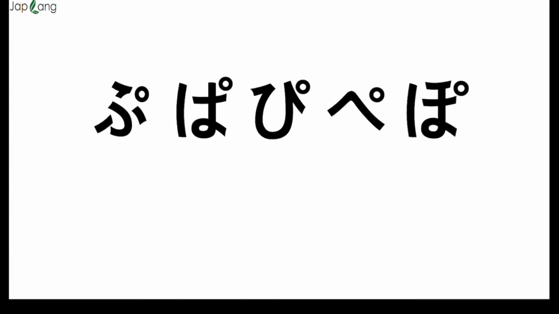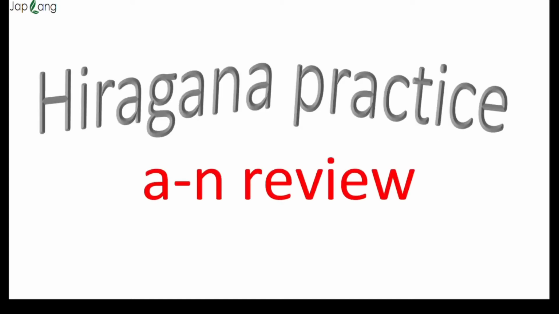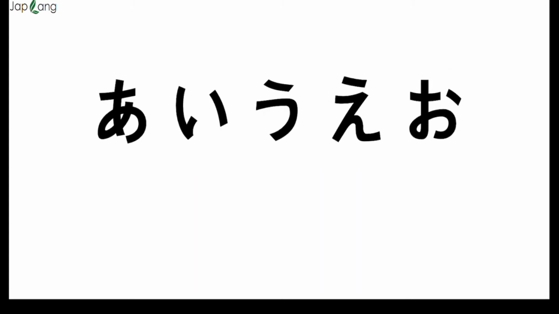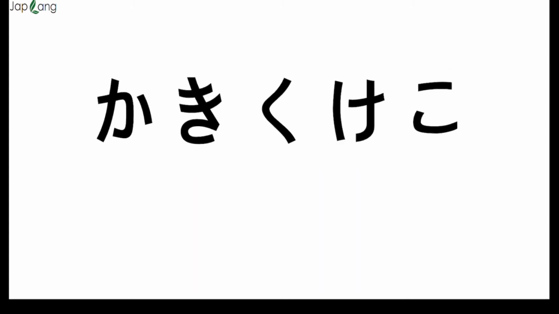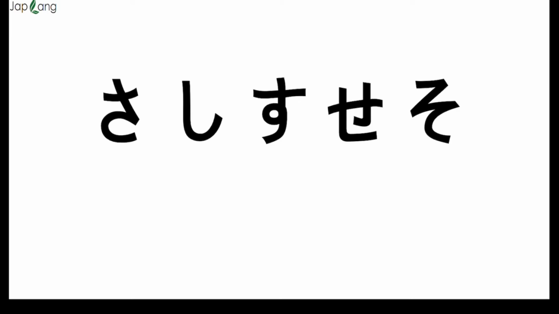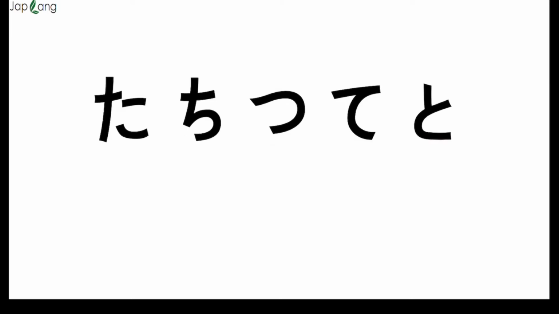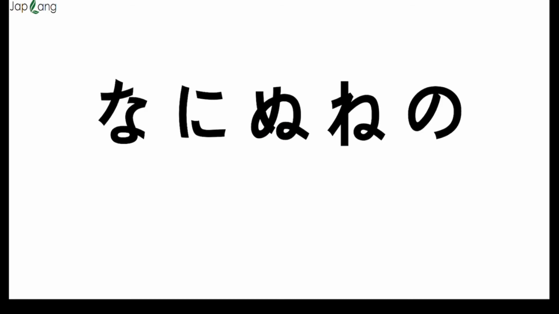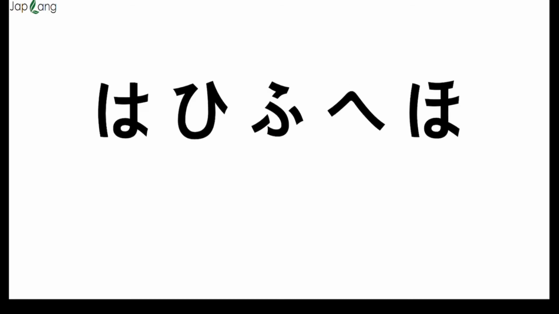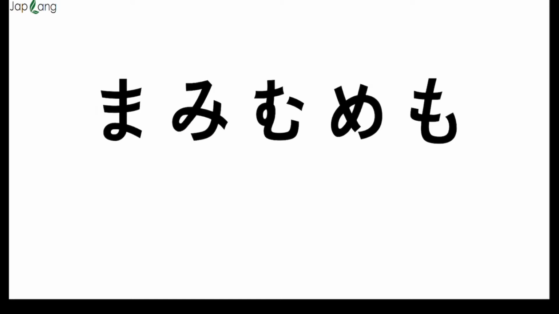Alright, thank you. Now let's review all the hiragana from A to M. So this is A, I, U, E, O, Ka, Ki, Ku, Ke, Ko, Sa, Si, Su, Se, So, ta, chi, tsu, te, to, na, ni, nu, ne, no, ha, hi, fu, he, ho.